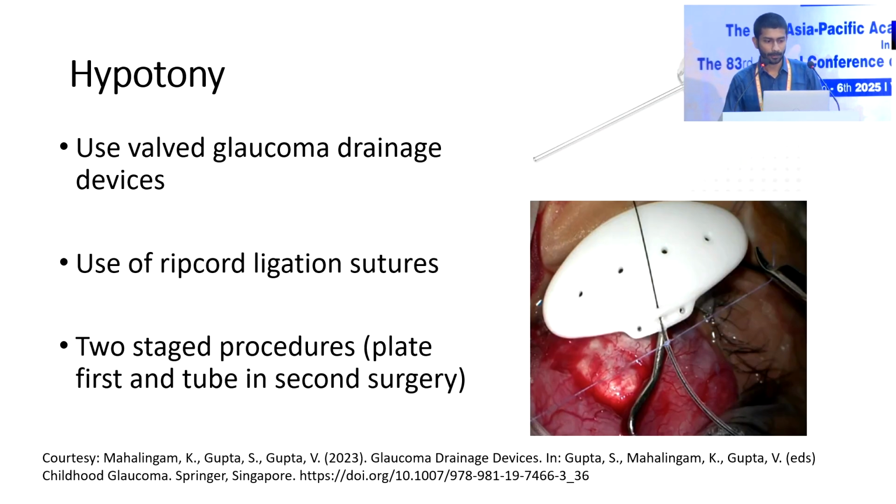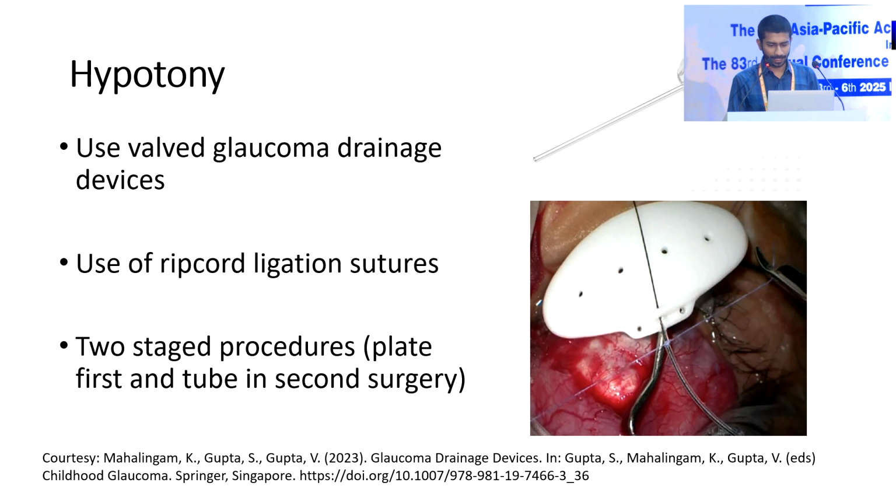So when you have hypertony, what can you do? Either you can use a valved glaucoma drainage device like the Ahmed glaucoma valve, or when you are using a non-valved glaucoma drainage device, you can use the Ripcord ligation suture, intraluminal stenting, and tube ligation sutures.